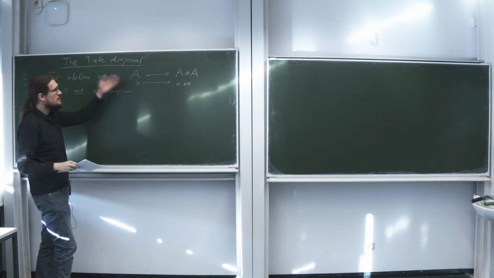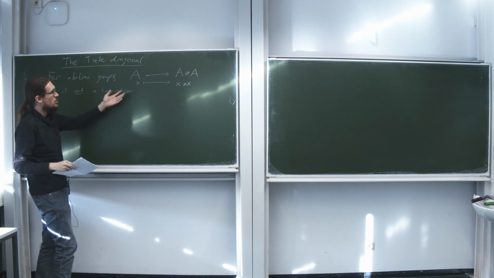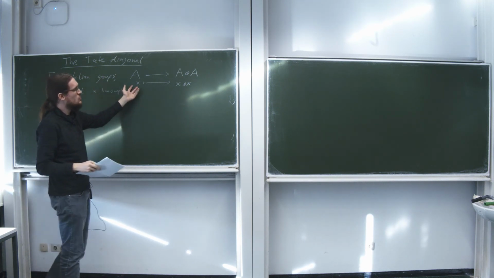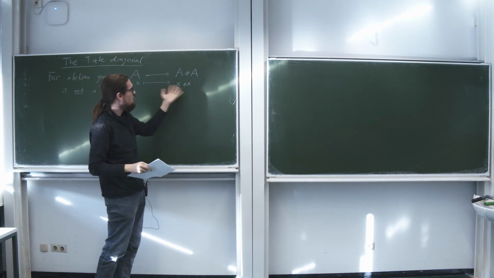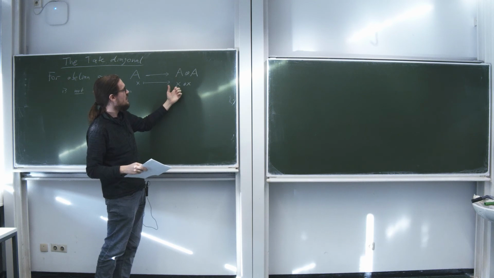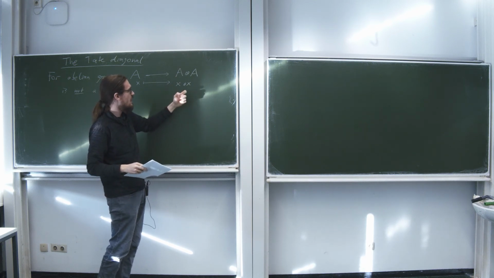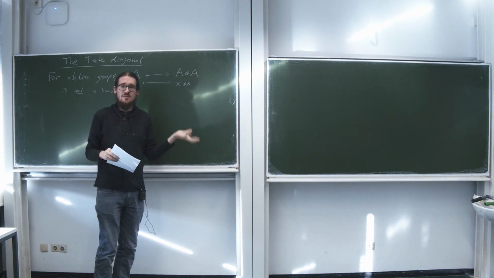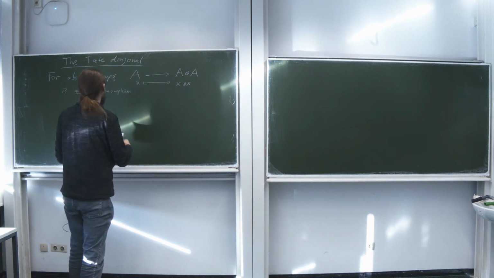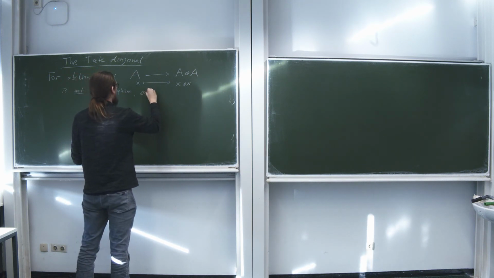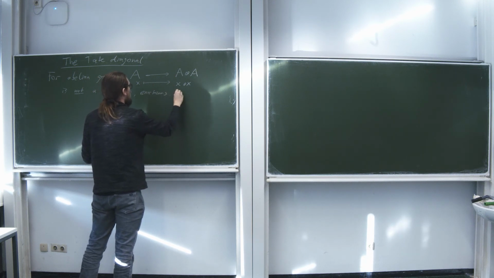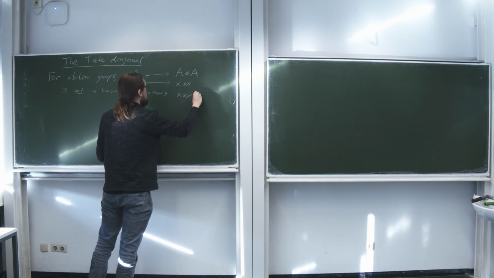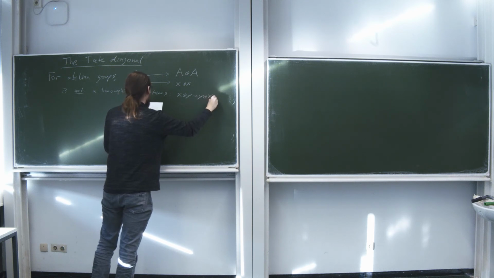And you can easily see that, because if you see where x plus y goes to, then it goes to (x plus y) tensor (x plus y). If you multiply that out, you do get terms x tensor x and y tensor y, but you also get some kind of error term, which is of this form, x tensor y plus y tensor x.